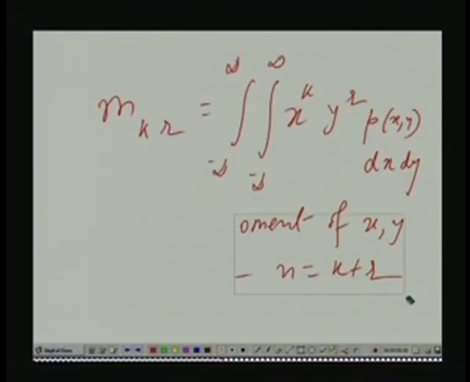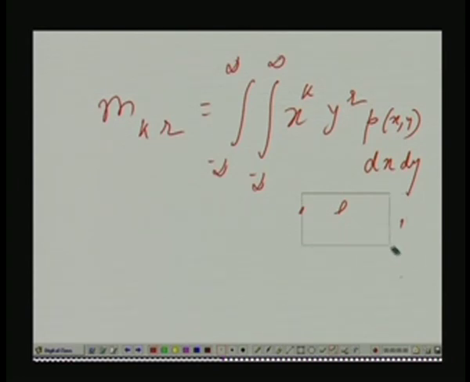Certain things follow easily. What is M10? That means x to the power 1, that is x, y to the power 0, that is 1, x, p x comma y dx dy.